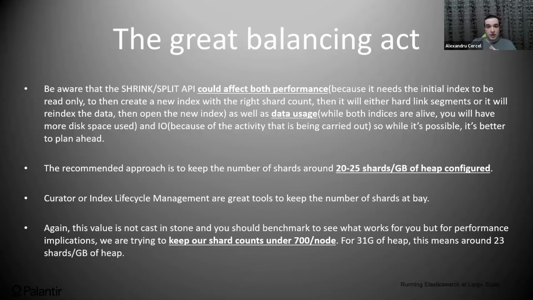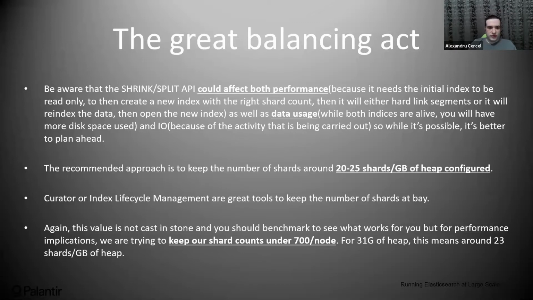On the number of shards, it's a good indication to keep this between 20 to 25 shards per gig of heap configured. And in order to keep these numbers at bay, there are different tools that you can use. Two of them are Curator and Index Lifecycle Management, where you define when an index can be closed and then deleted, and it's going to get rid of your shards.